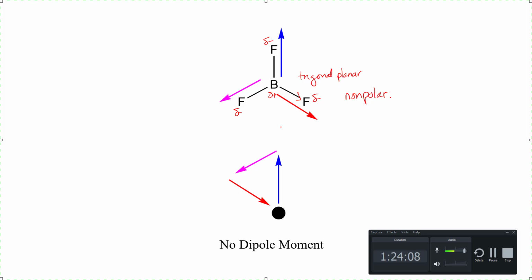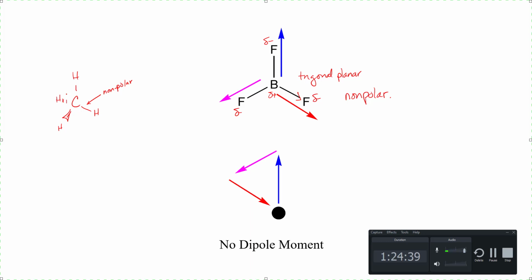Another example of a nonpolar molecule would be methane, for 2 reasons. Methane is nonpolar because we treat a carbon-hydrogen bond as if it is a relatively nonpolar covalent bond. So just having a molecule with carbon-hydrogen bonds is not sufficient to become polar.